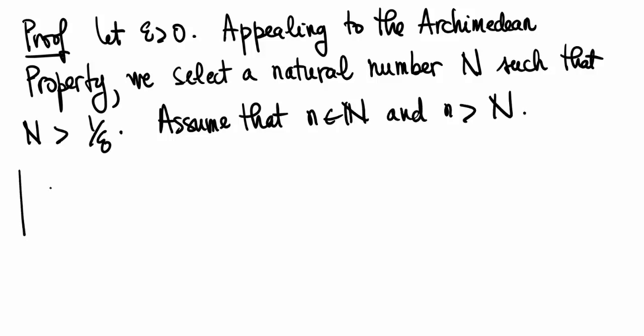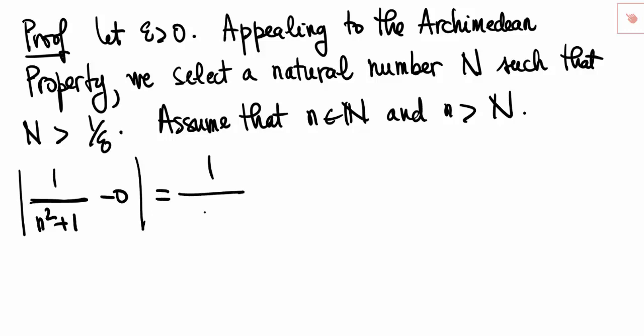Then the distance between 1 over n squared plus 1 and 0 is just 1 over n squared plus 1, which is, in fact, strictly less than 1 over n squared, which is less than or equal to 1 over n.